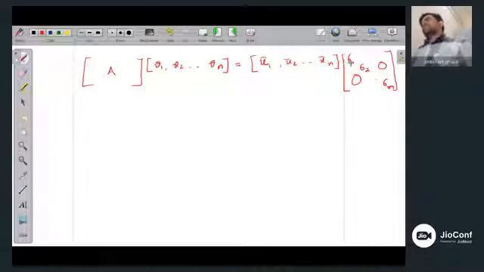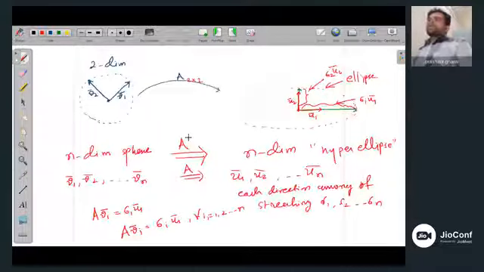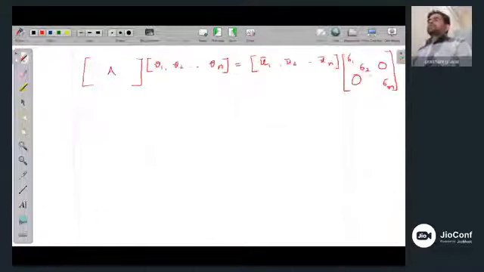So it is a diagonal matrix. So when you apply this, A v1 gives you sigma 1 u1 and so on. So all these equations can be represented in this matrix form in this manner.